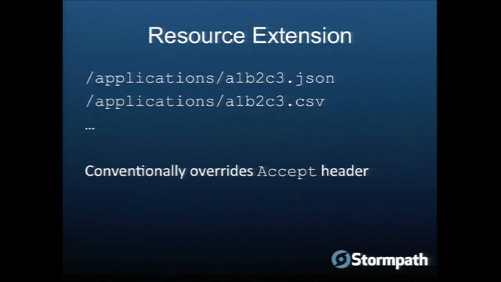One's a JSON representation, the other's a CSV representation. If somebody does this, it will conventionally always override the Accept header. So if they specify both, you always choose the URI, because it's the most relevant part of the request, and defer to the Accept header if that's not specified.